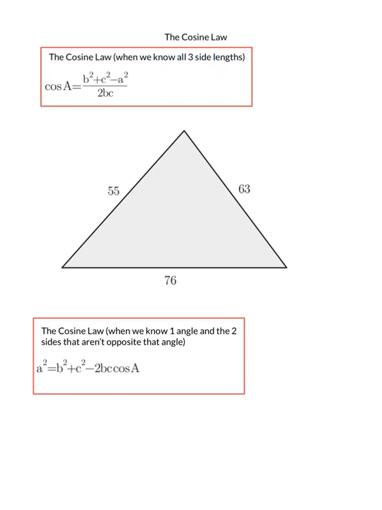All right, the cosine law, I gave two equations here, but it's really the same equation, just rearranged. The reason I want to give you this equation in two different forms is it makes life a lot easier for you, because if you're looking for an angle, like we are in this situation, we have all three sides, we're looking for an angle. Well, I rearranged this equation here so that the cos of A is by itself on the left.